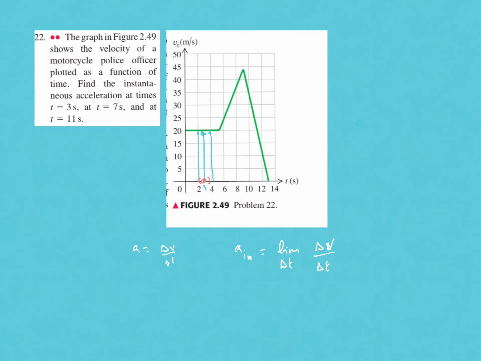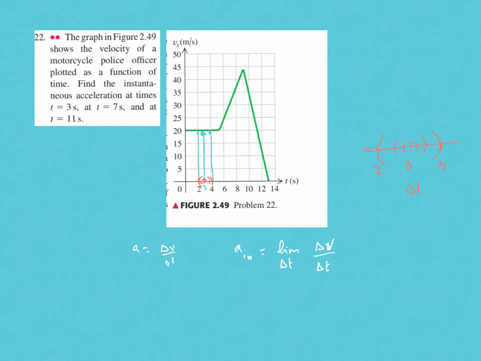From 2 to 3 is 1 second, and from 3 to 4 is an interval of 1 second, but you make another interval of time, delta t, very, very small.